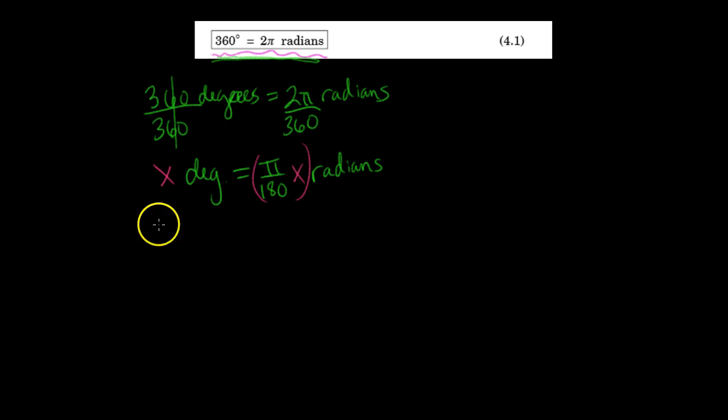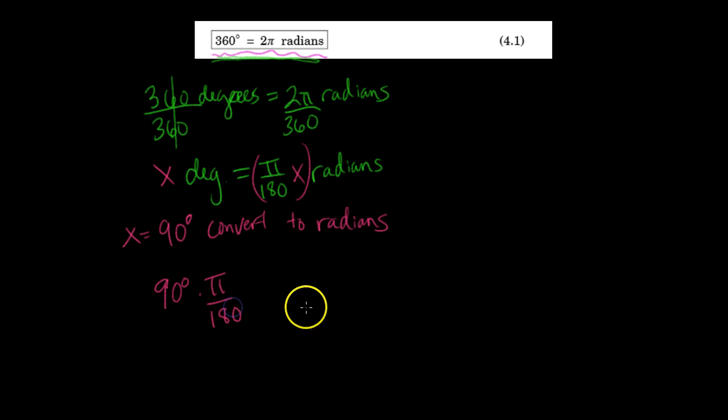Okay, so for example, if x is equal to 90 degrees, we want to convert to radians. So we've got 90 degrees times pi over 180, right?